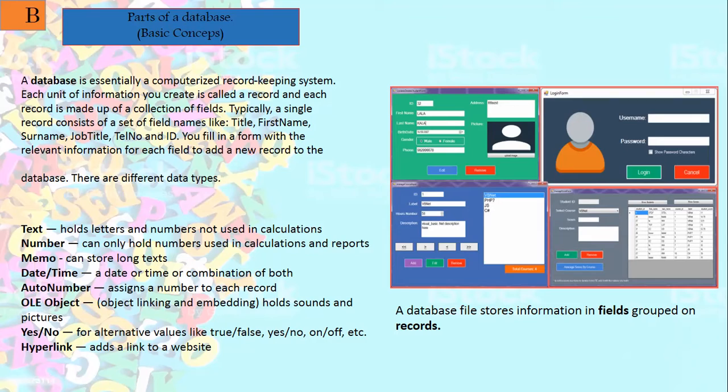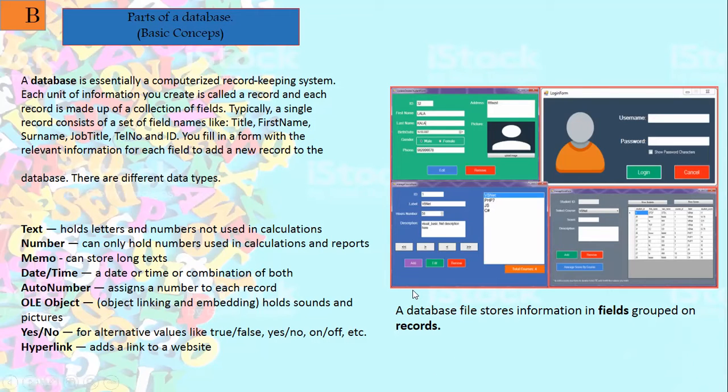Auto number assigns a number to each record. OLE object, or object linking and embedding, holds sounds and pictures. Yes/No is for alternative values like true, false, yes, no, on, off, etc. Hyperlink adds a link to a website.